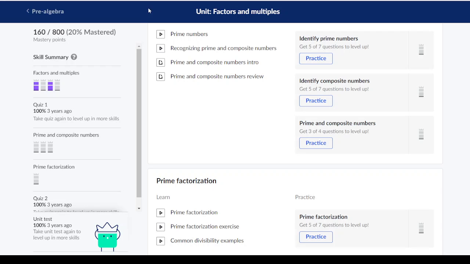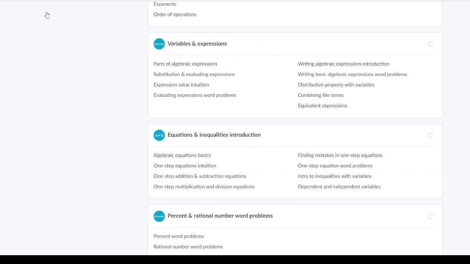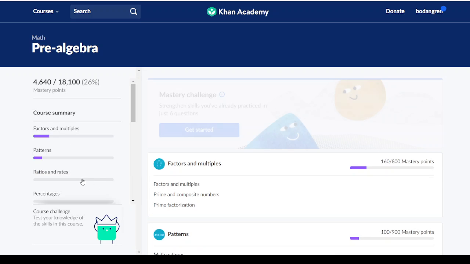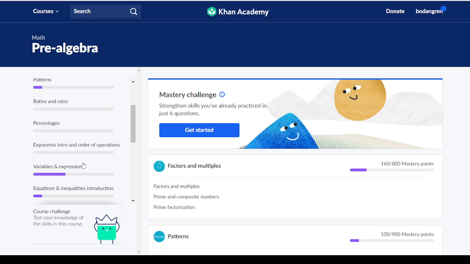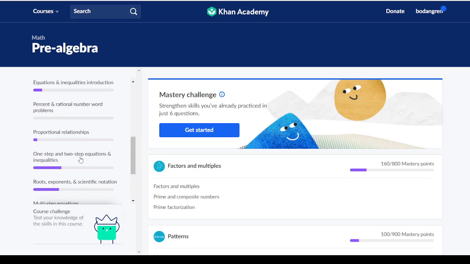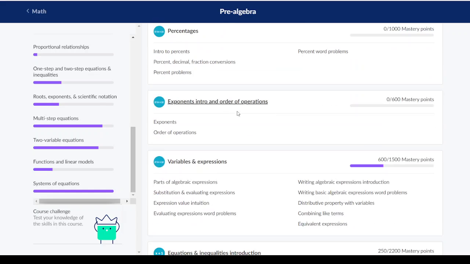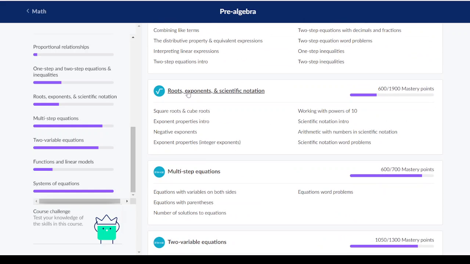Now for group three, we need to go out to a unit called Roots. I'm loading a little bit slowly here. Here we've got roots, exponents, and scientific notation.